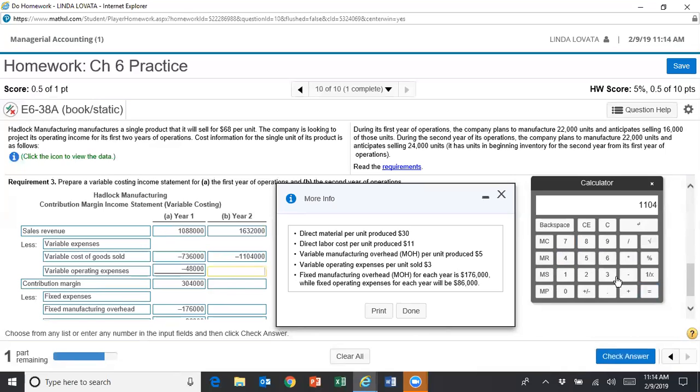All right, variable operating is 3 times my 24. All right, and so 1632 minus 1104 minus 72 equals 456. Whoops.